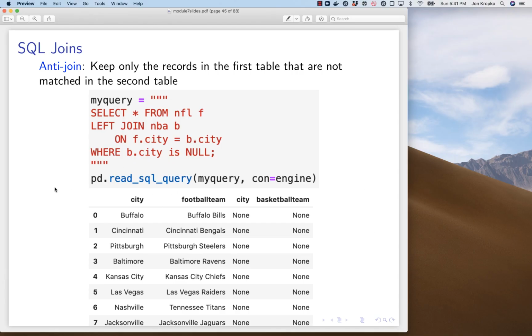The syntax for an anti-join is to use left join and then to use a where clause, and we're going to talk more about where clauses in a minute, to say where the city from the second data frame is null. So where the ID from the second data table listed is not present. This is going to give me all the cities that have a football team but no basketball team. And so we have Kansas City, Las Vegas, etc.